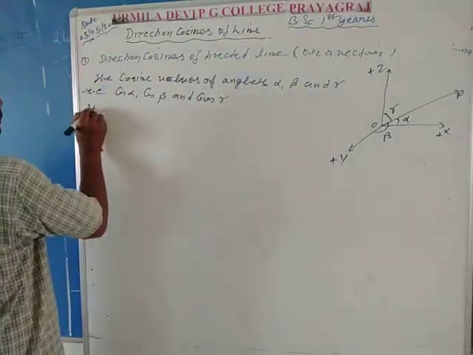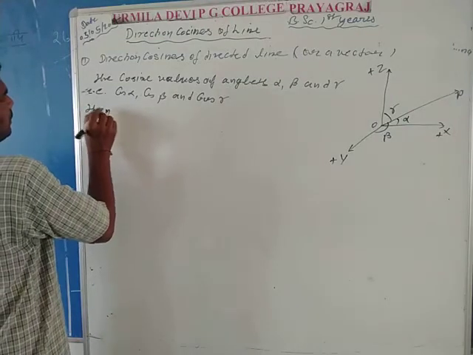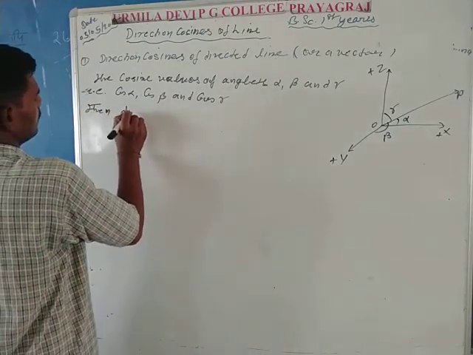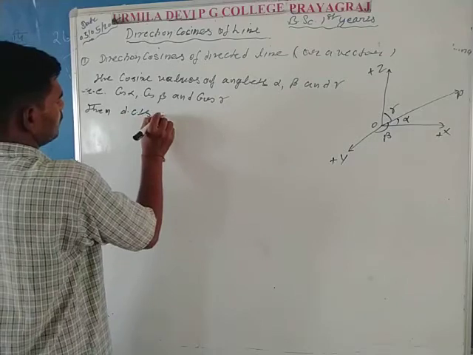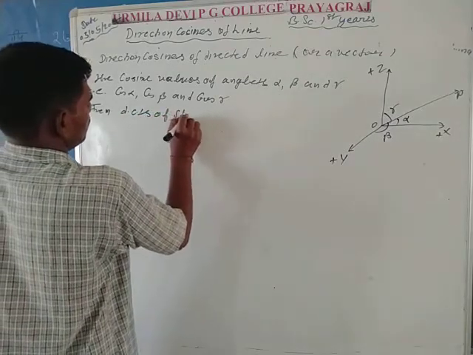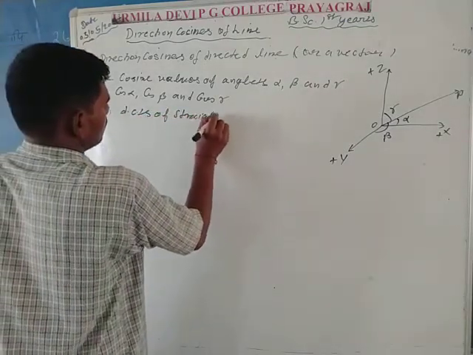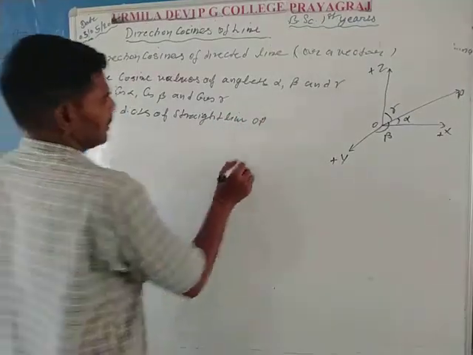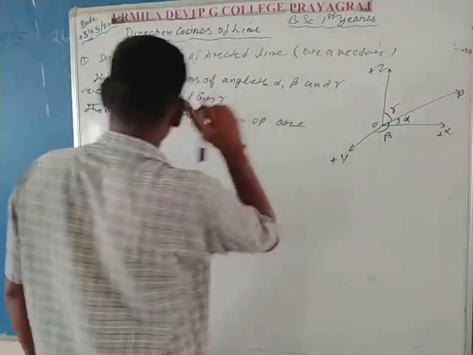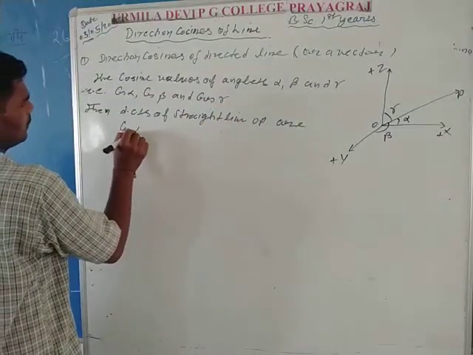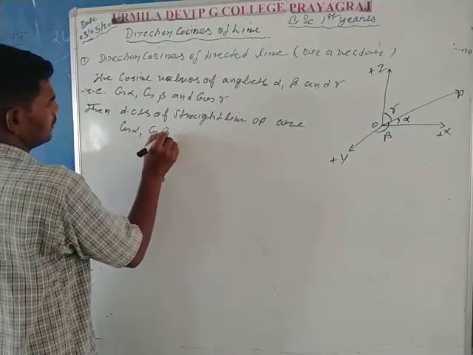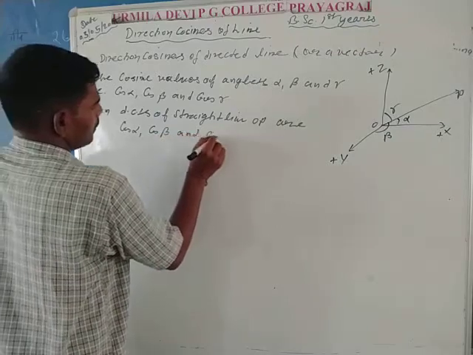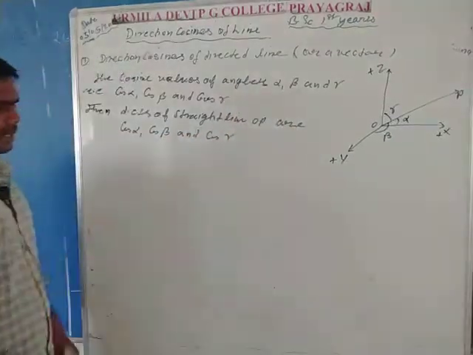Then the direction cosines of the straight line OP are cos alpha, cos beta, and cos gamma.